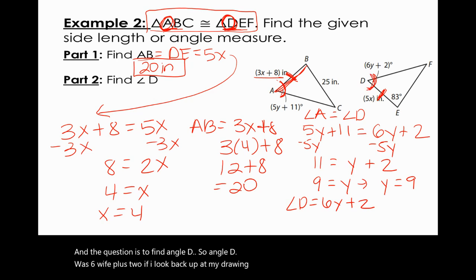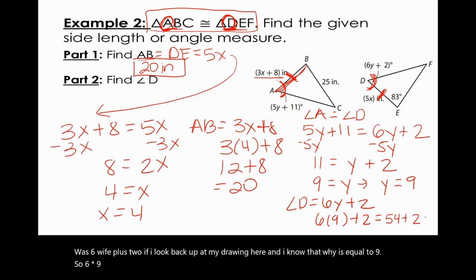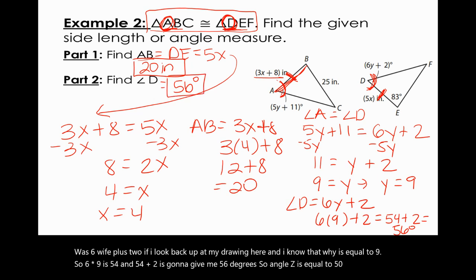And I know that y is equal to 9. So 6 times 9 is 54, and 54 plus 2 is going to give me 56 degrees. So angle D is equal to 56 degrees.